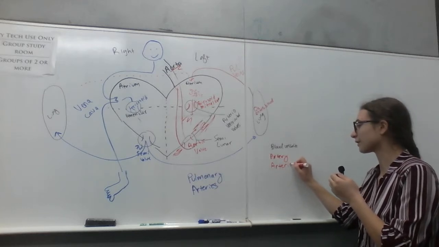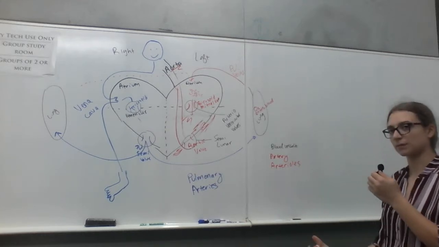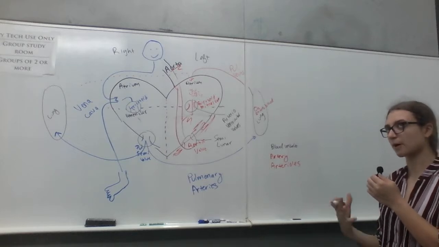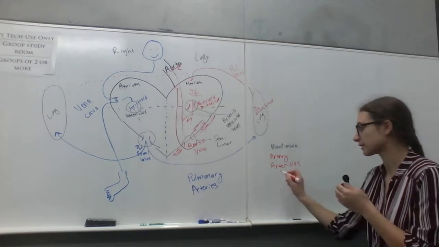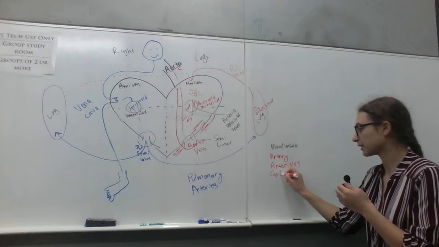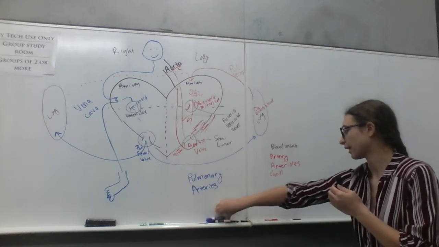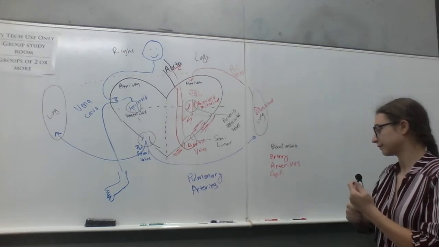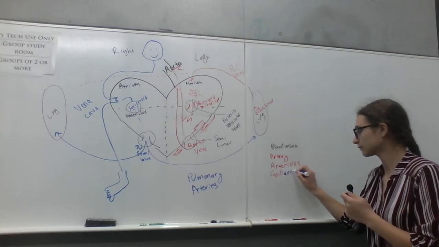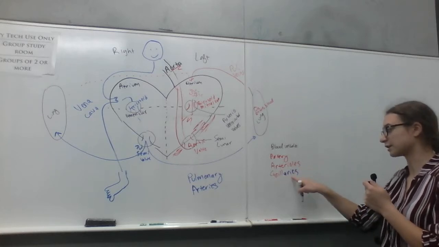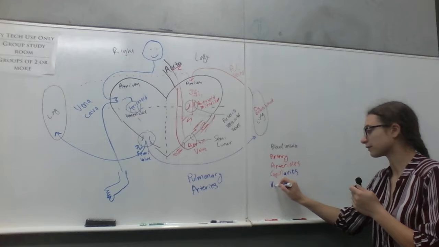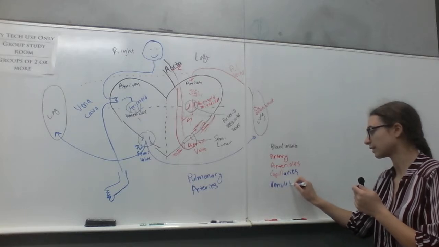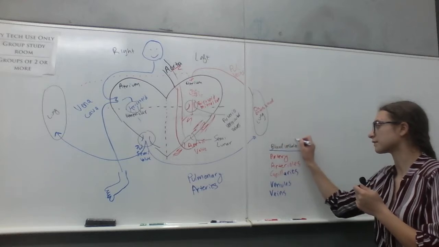Close, but they're arterioles, which are a little bit smaller than arteries, but they're bigger than capillaries. Next, you have your capillaries. Then you have your venules, and then your veins. But these are all known as vessels.